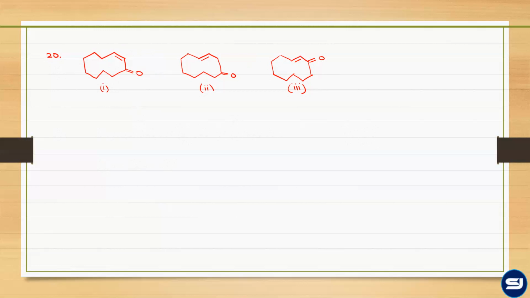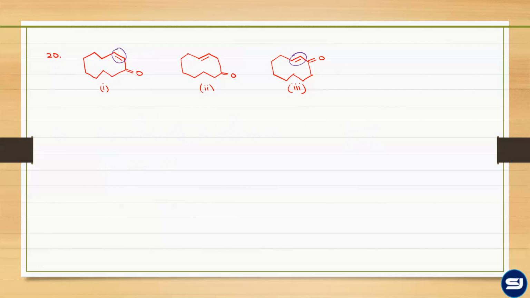In the third one, they are between these two carbon atoms. So does it make a difference in the structure? Just observe the double bond placement in the first one and in the third one. Does this placement of the double bond make the structure different? No.